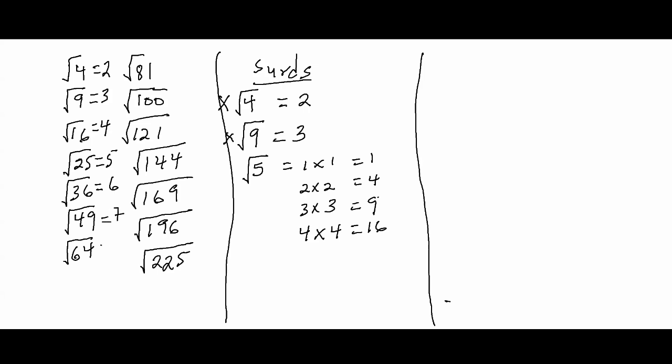Square root of 64 gives us 8. Square root of 81, 9. Square root of 100, 10. Square root of 121, 11. Square root of 144, 12. Square root of 169, 13. Square root of 196, 14. And then the square root of 225 is 15.